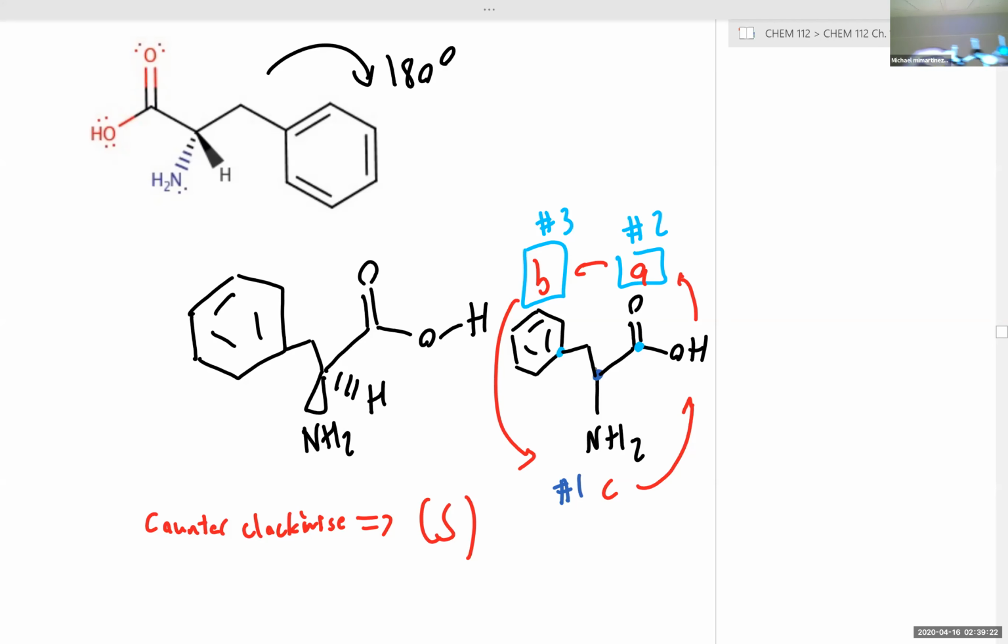Okay, so let's start with our initial view of our molecule. So this is our initial view. Our hydrogen is pointing out of the page. We flip our entire molecule over, and there are many ways of doing this. I decided to just flip it 180 degrees to make my life a little bit easier.